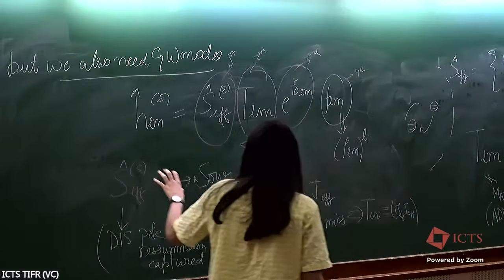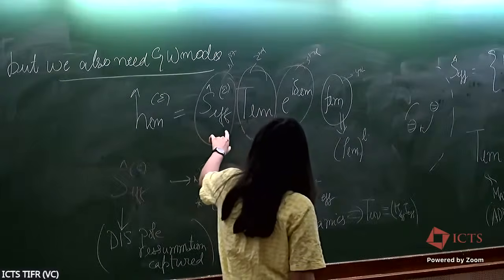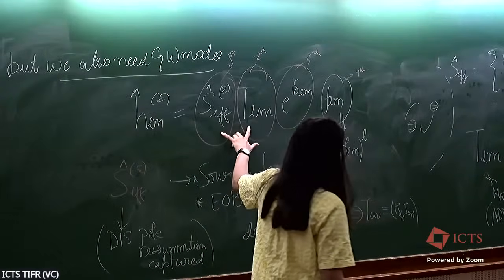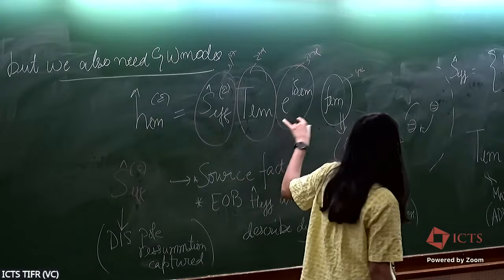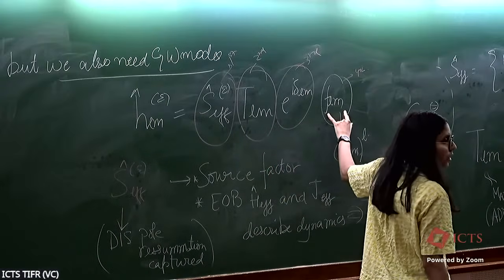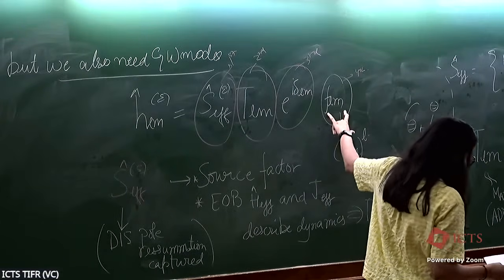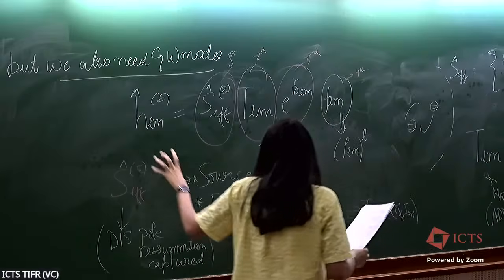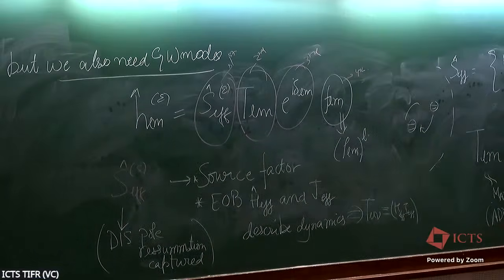So we have obtained the multipolar decomposition of the h_lm in terms of four factors. These two factors were physically motivated. This contained the subleading logarithmic terms, and this factor contained all the things that were remaining. Basically, it's like an amplitude residual term. So we have this h hat lm, and we said that if we have the h hat lm, we should be able to compute the luminosity.